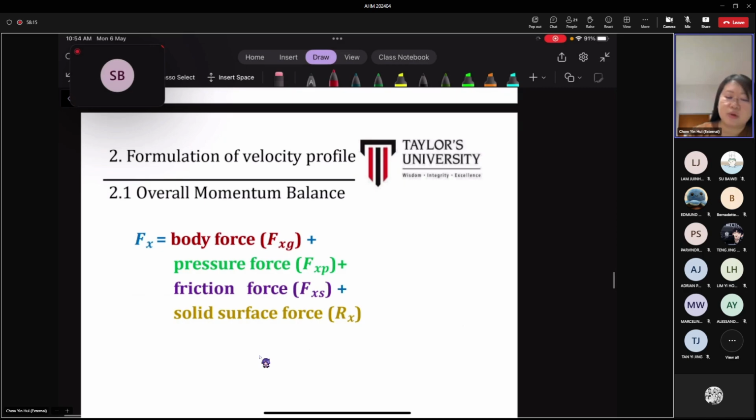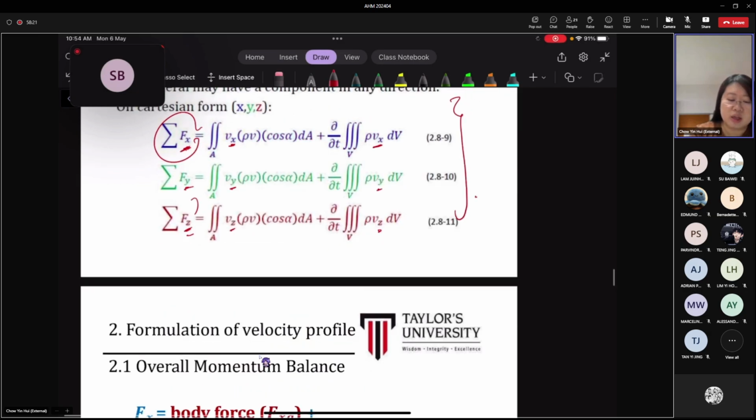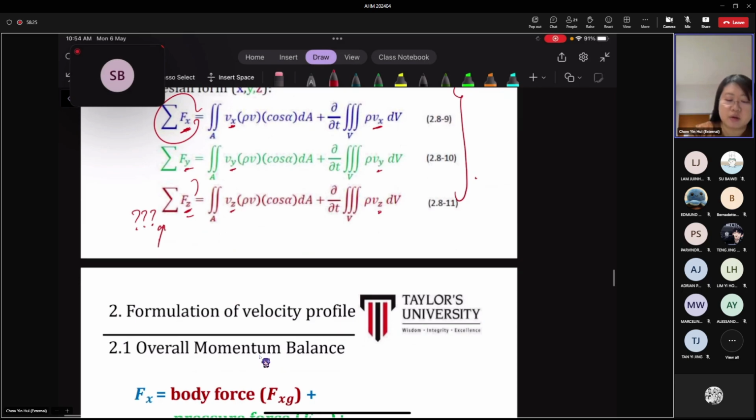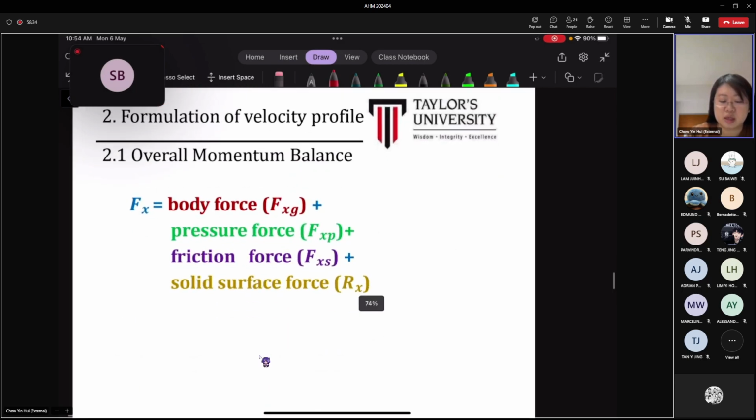So for this sum of forces here, sum of Fx, Fy, Fz, what is included on the left-hand side of the equation when they say the time rate of change of momentum is equal to the sum of forces? What are the forces that will act on the control volume of the system? There are 4 types.